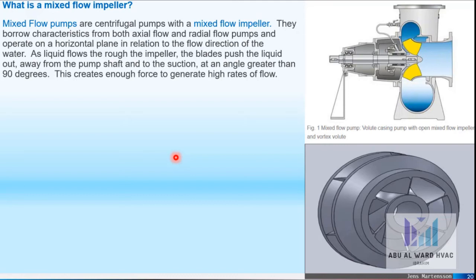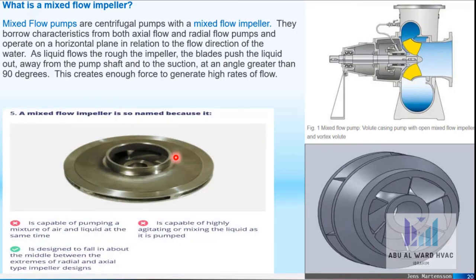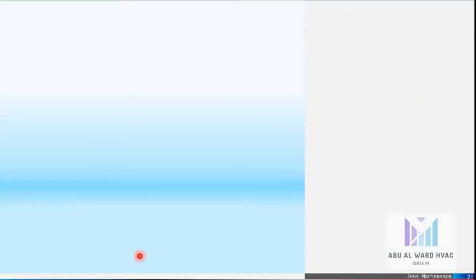As liquid flows through the impeller, the blades push the liquid out, away from the pump shaft and to the suction at an angle greater than 90 degrees. This creates enough force to generate high rates of flow. So it is designed actually to fall in about the middle between the extreme of radial and axial type impeller design.